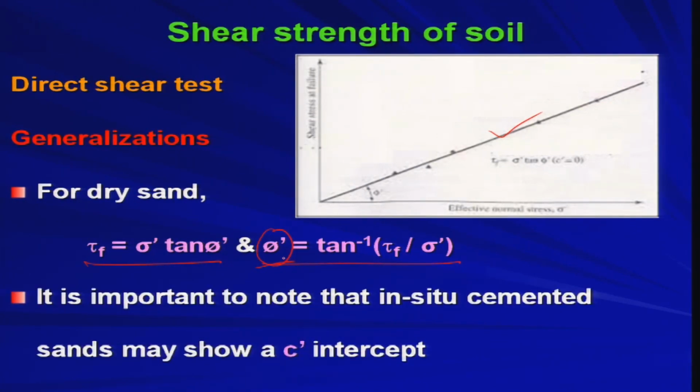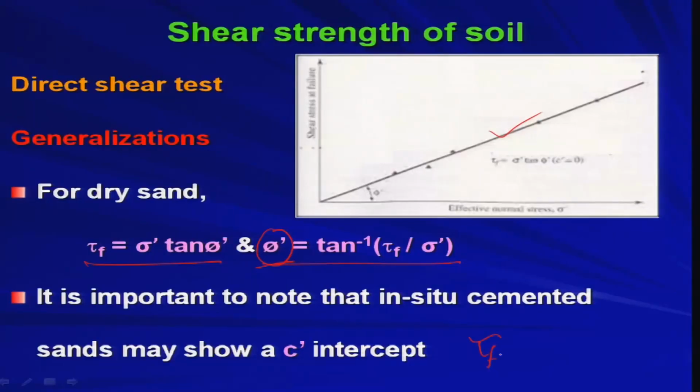Now, it is important to note that in situ cemented sands may show a C prime intercept. So, it is not true that all the time the sand will show C prime equal to 0. If you get some in situ cemented sand, some very stiff kind of sand, that is not exactly dry sand, or you cannot separate out the individual grains, then in that situation sand may exhibit some C intercept.